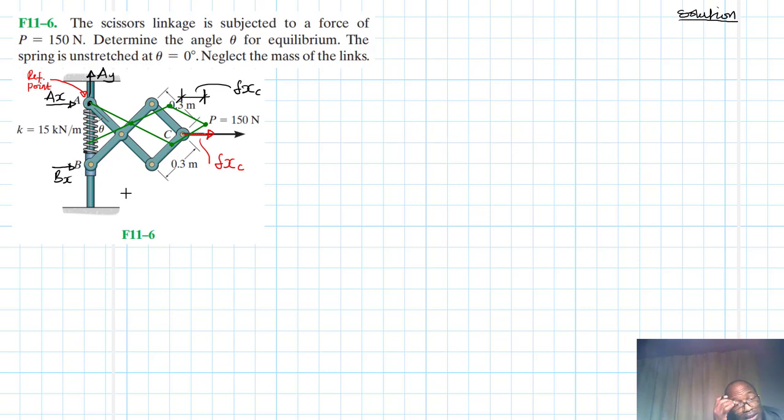Once we do so, everything else changes. So let's find the original distances so that we find this del x by using the first order differential equation, or taking the first derivative.